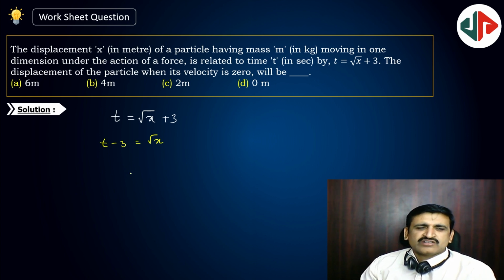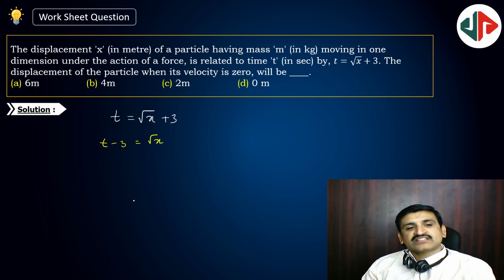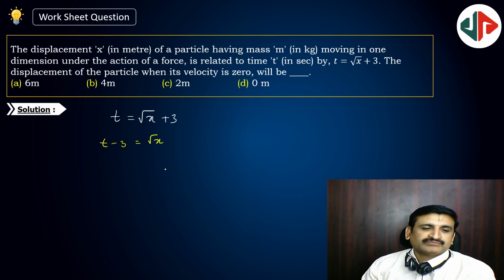Differentiate it. What I am trying to find out first is the displacement of the particle when its velocity is 0. Its derivative will be 1 minus 0 equal to the derivative of root x, 1 by 2 root x into dx by dt.